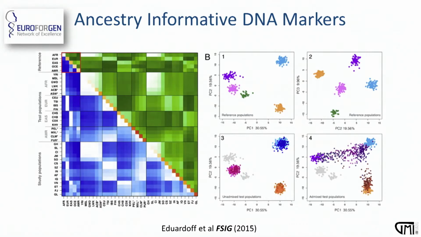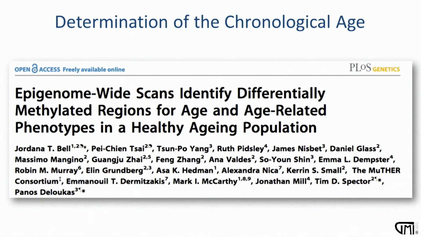A lot of forensic genetic research programs in the past have been looking at ancestry informative markers. Here is one called Eurofortune that just ended last year, in order to improve the prediction and the association between the DNA and the actual geographic location of these individuals.